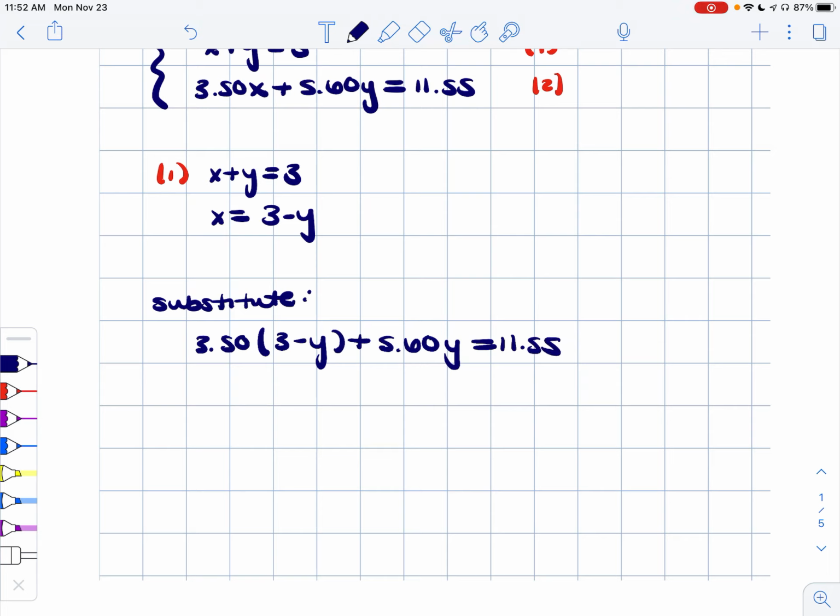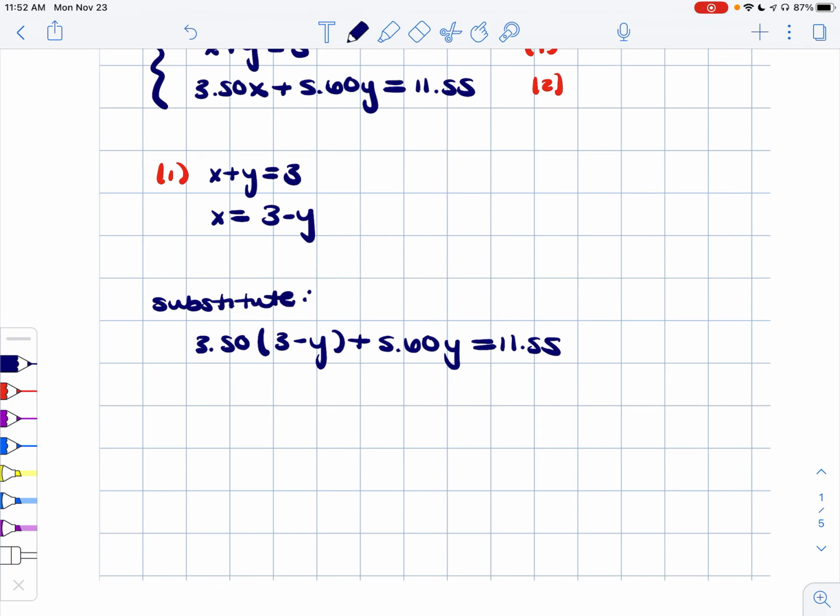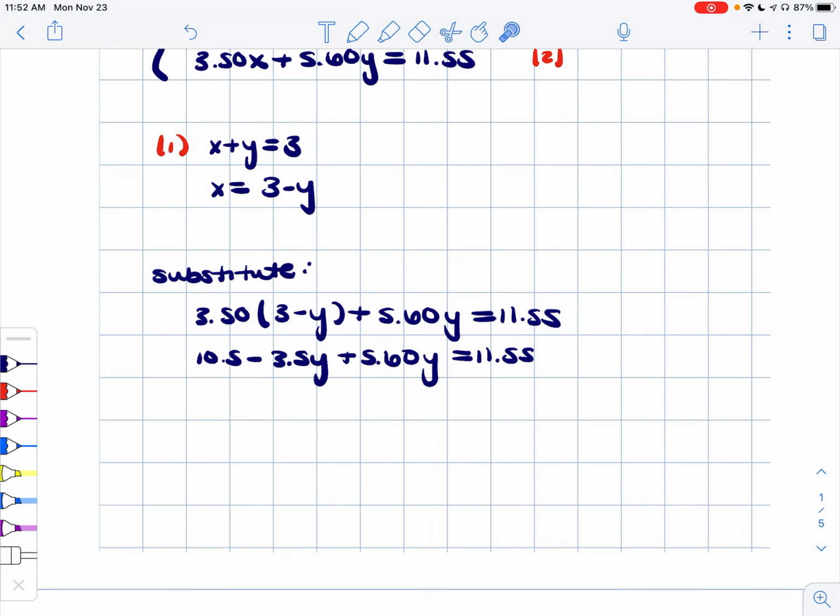Okay, so now we want to try and solve for y. So distribute the 3.5 in. So that'd be 10.5 minus 3.5y plus 5.6y equals 11.55. Combine our like terms.